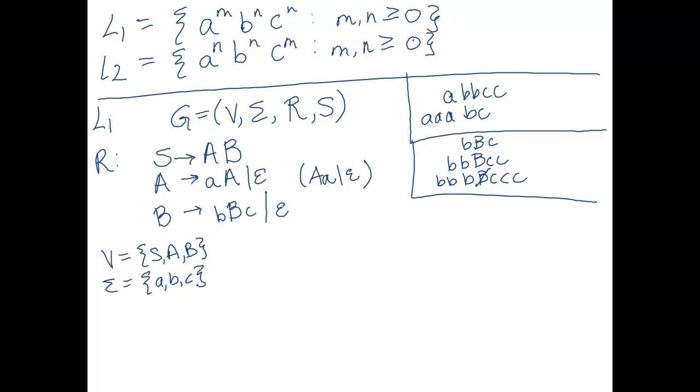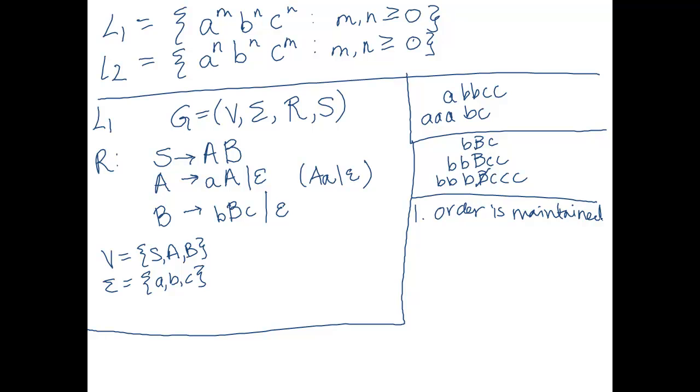Okay, so this is our fully defined grammar G. So if we want to convince ourselves that G actually generates the strings in this language, or that any string in the language L1 has a derivation in the grammar G, we want to note that one, order is maintained.